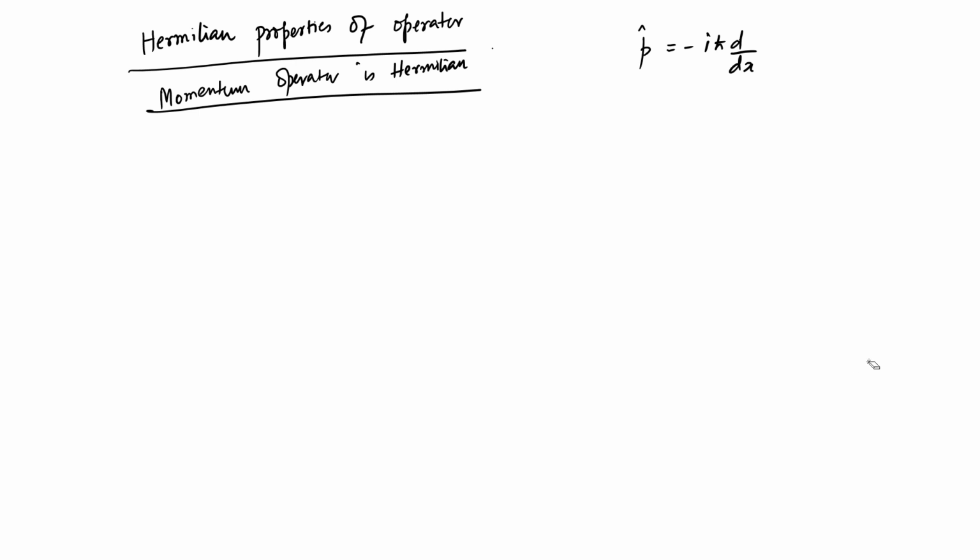If you write it in 3 dimensions, of course, there are del/del y and del/del z that will be there. And because it looks like there is this term which is i, how in that case does this become a Hermitian operator, which means that it will return real eigenvalues? If it returns real eigenvalues, then of course, it is a Hermitian operator.